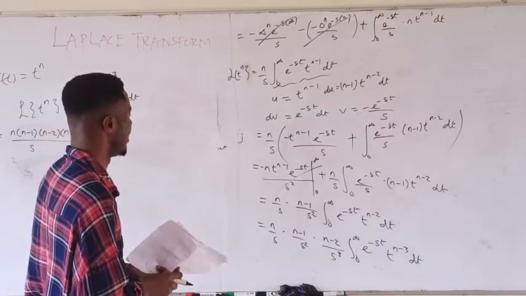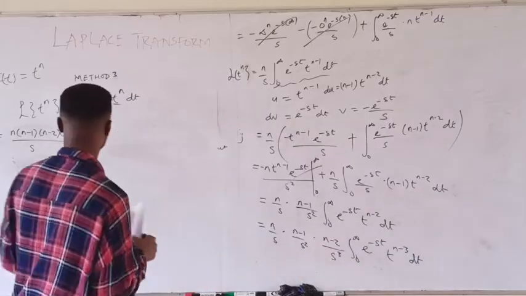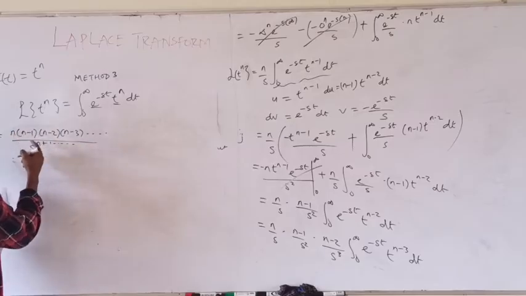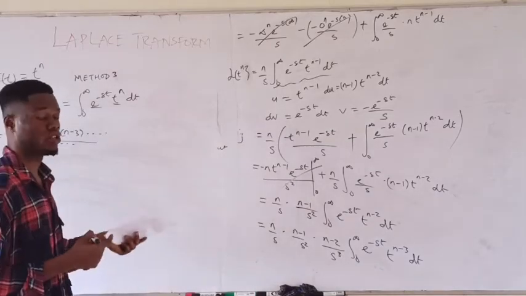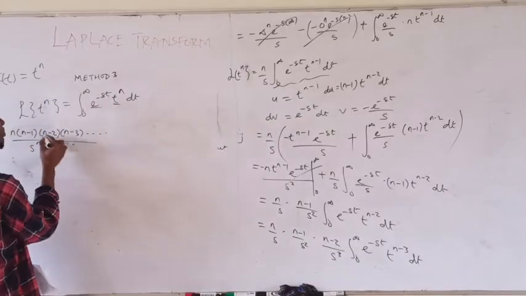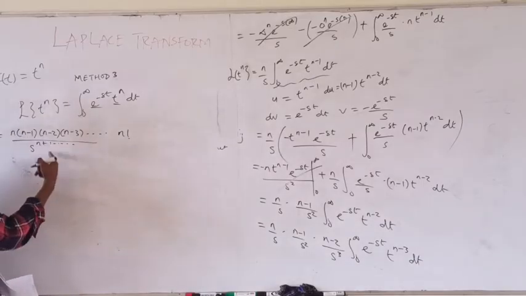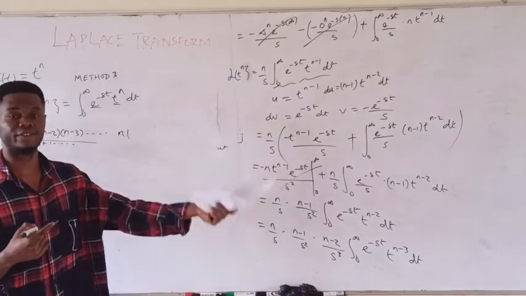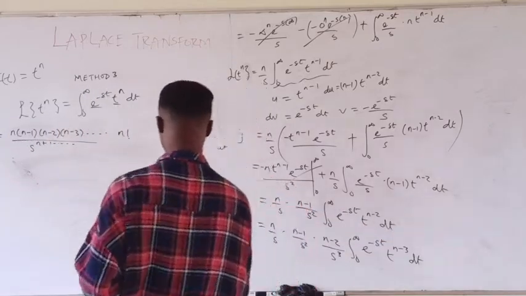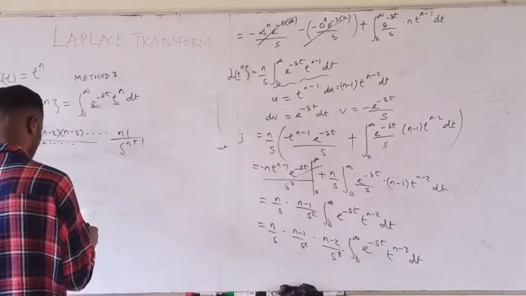Having that at the back of our mind, if you have this as the numerator, this simply means n factorial, because n factorial means n into n minus 1, minus 2, minus 3 till the end. And since the denominator is increasing by 1 at a time, the denominator will just be s to the power of n plus 1.